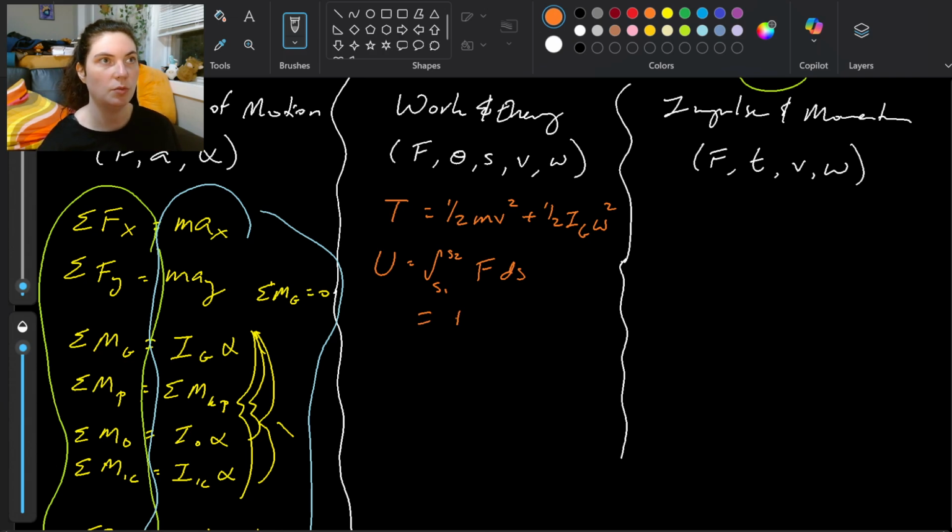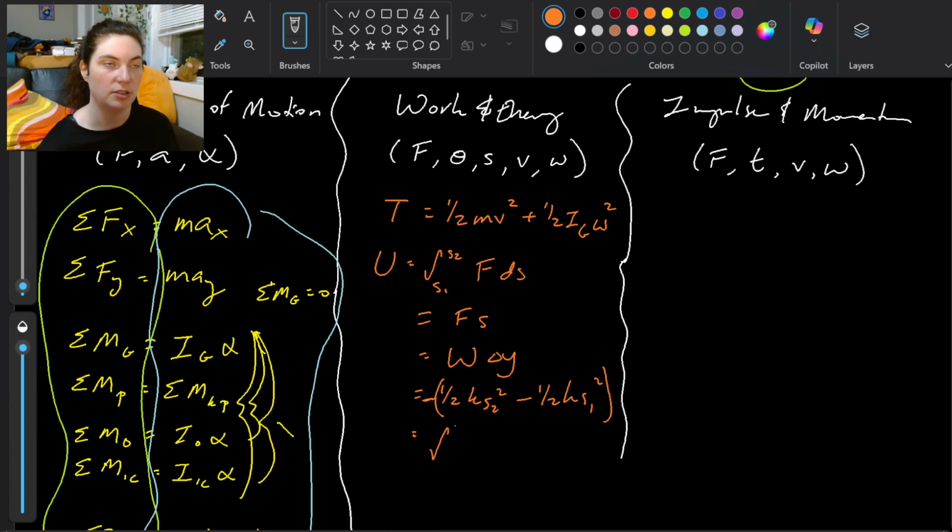If you have a constant force, you can have F times S. If you have work done by weight, that's your weight times delta Y. If you have work done by a spring, that's negative 1/2 K S2 squared minus 1/2 K S1 squared.